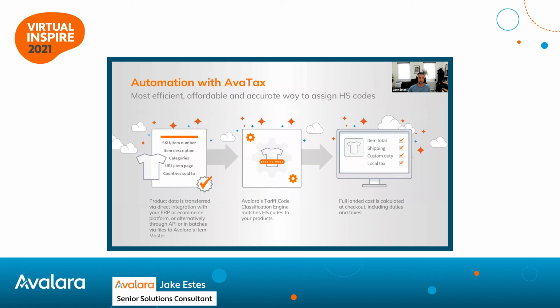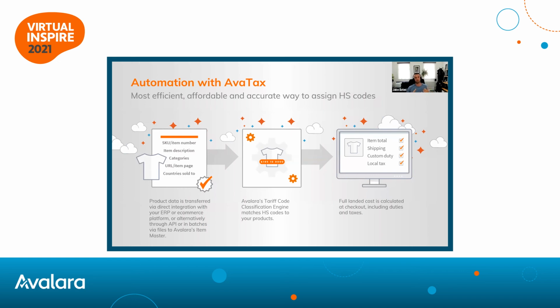Okay, now with Avalara and Avatax, what we do is we automatically map your HS codes to your products, and then use that information to calculate the import taxes and the import duties. So we take essentially your item master, product master, catalog, right?